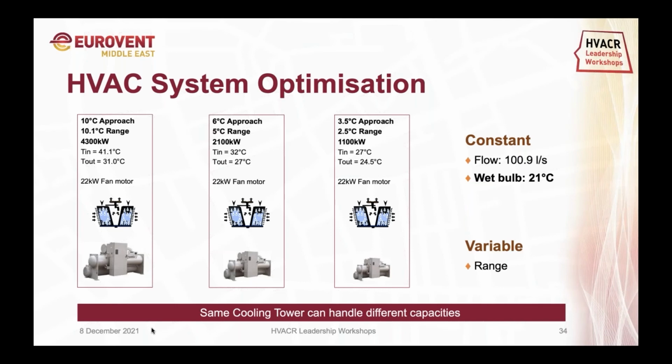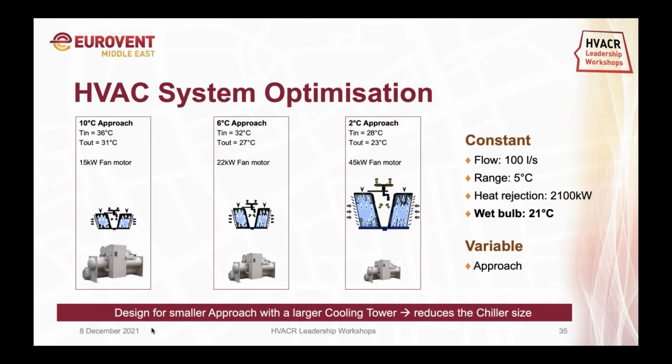The example shows that the same cooling tower can give you different capacities at different approach and different range. Now, if you want to optimize the system, how much should be the range and how much should be the approach, so that the total cost of ownership of the system is reduced? In the next slide, I will show you how we can optimize the complete chilled water system.